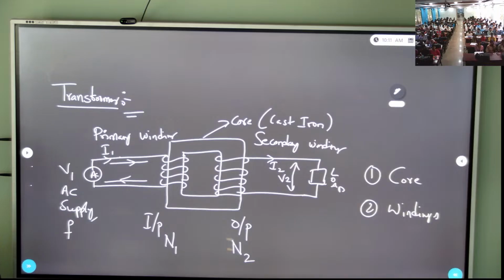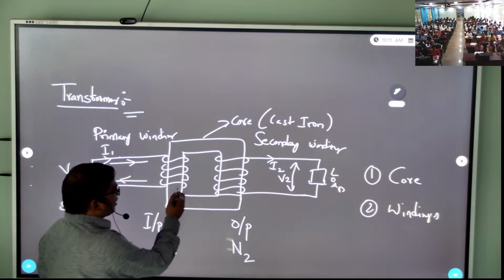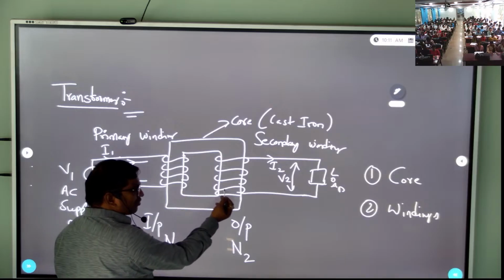There is no wire. Generally, in a conductor, current will flow from high potential to low potential, from one place to another place in the interconnection. Here there is no connection. This copper wire is not connected to this copper wire.